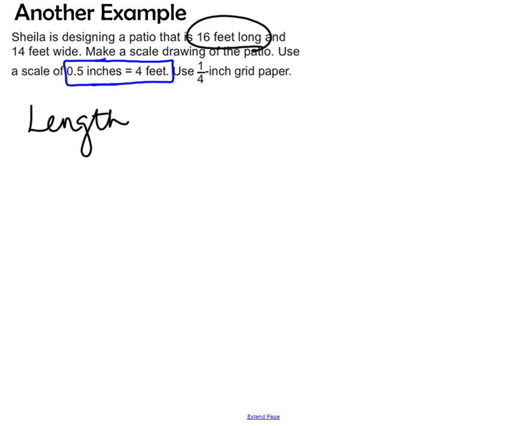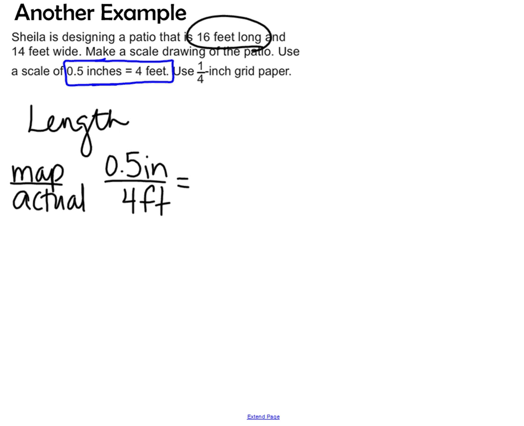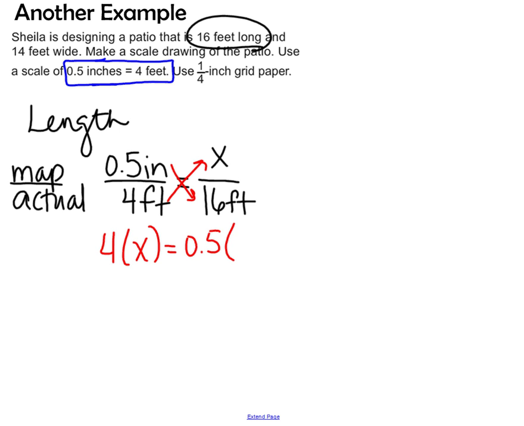Okay, so we're going to do map over actual, and that is 0.5 inches over 4 feet, and that equals, we're not really sure yet, but we know that it is 16 feet in real life. Okay, showing our cross products, we have 4 times x equaling 0.5 times 16.